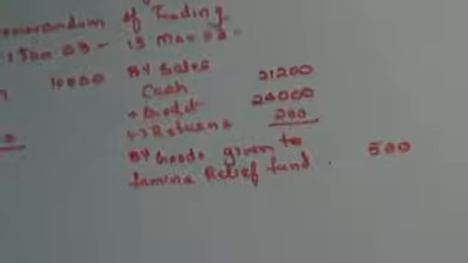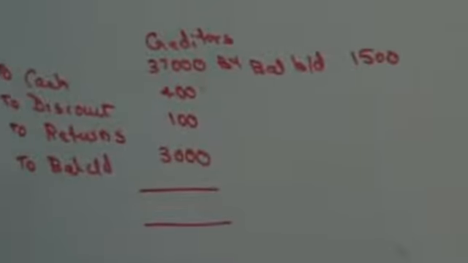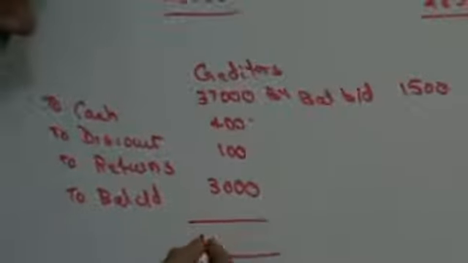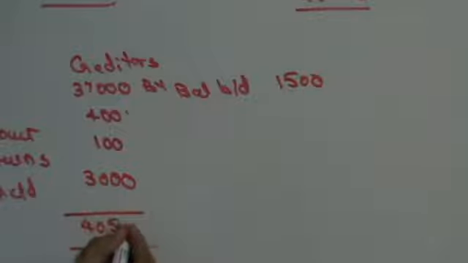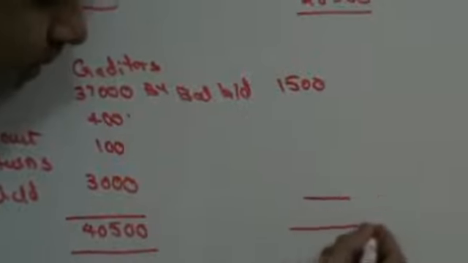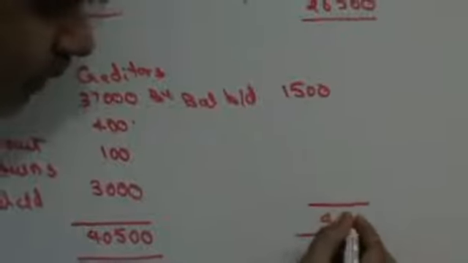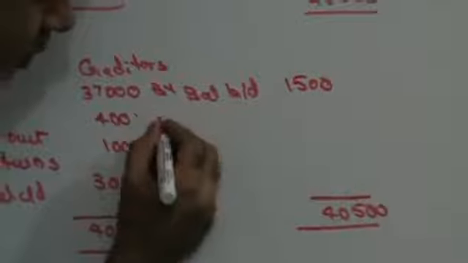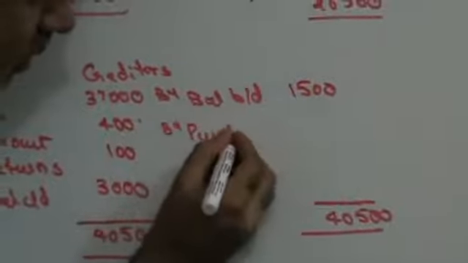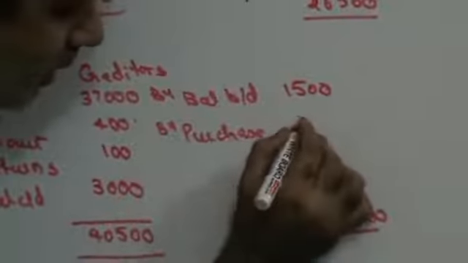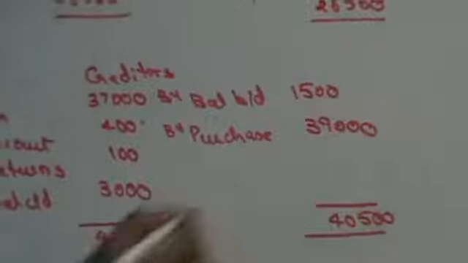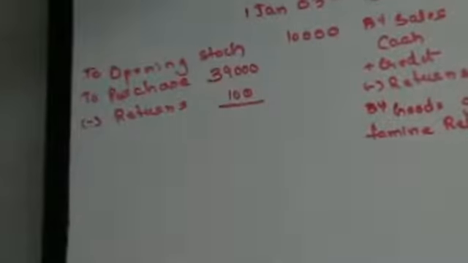Next, let's tally the creditors account. 40,500. This is going to be by purchase, 39,000. Second effect of this will be in trading account 39,000.